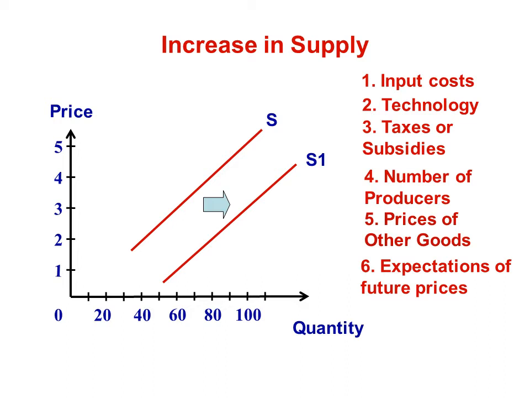Let's say fertilizer. If all farmers need fertilizer, and the price of fertilizer were to come down, a necessary input, this would cause the supply curve to shift to the right, an increase in supply. And this is going to be true with any resource or input. If there's a decrease in the price of that resource, the supply curve will shift to the right.